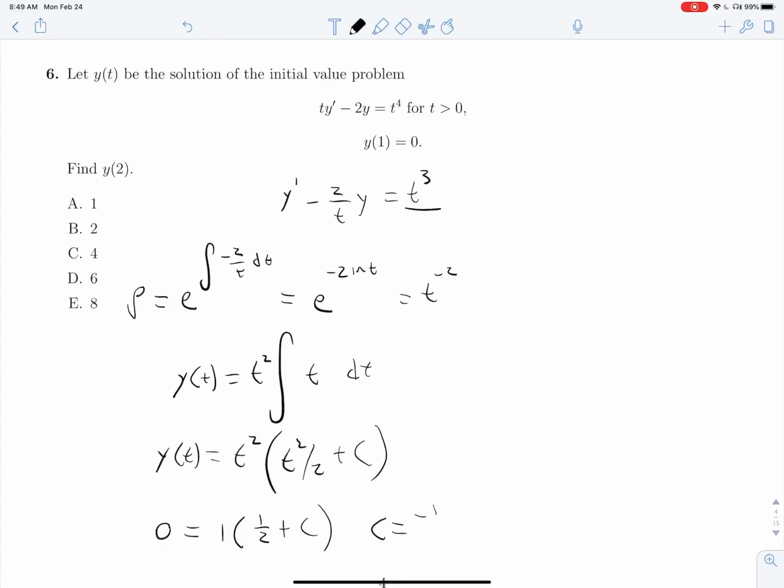So we can fill that in, and they're asking us for y of 2. So finally, y of 2 is equal to 2 squared, 4, times 4 over 2 minus 1/2. So that is 4 times 3 over 2, or 6.